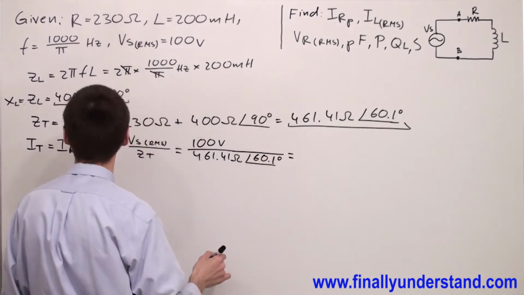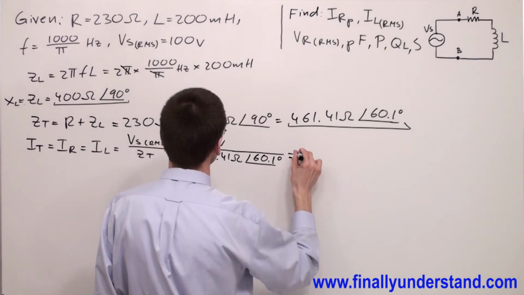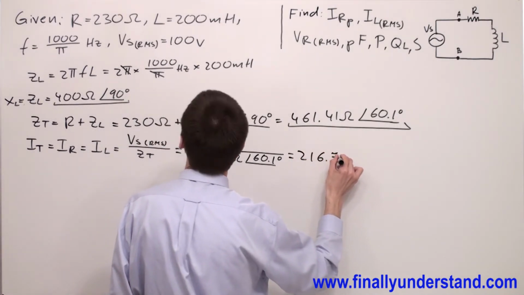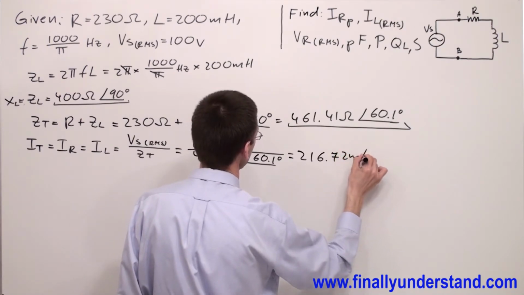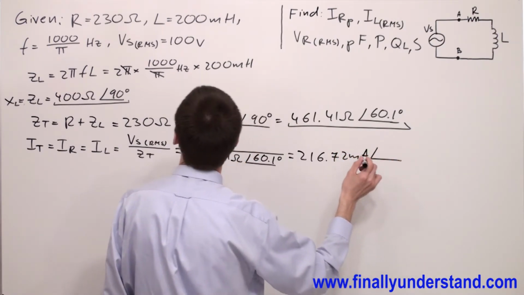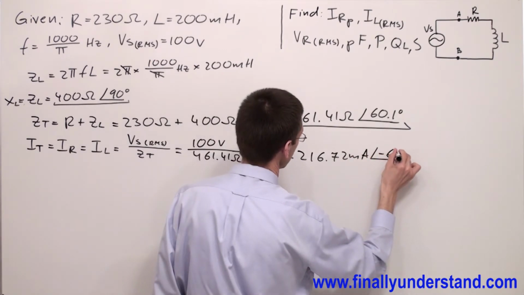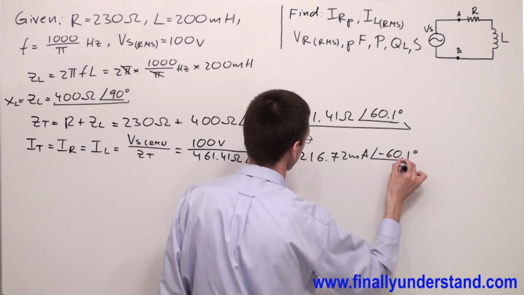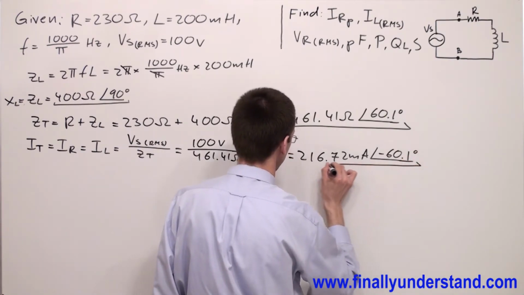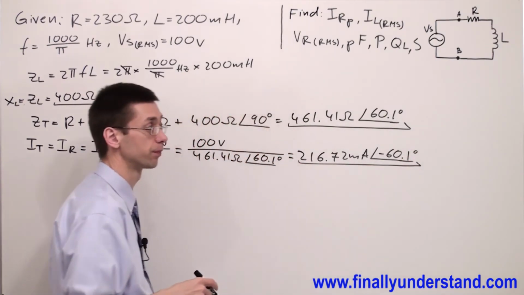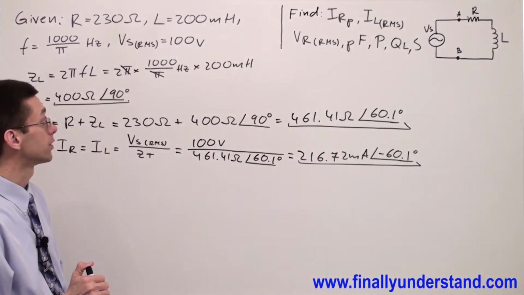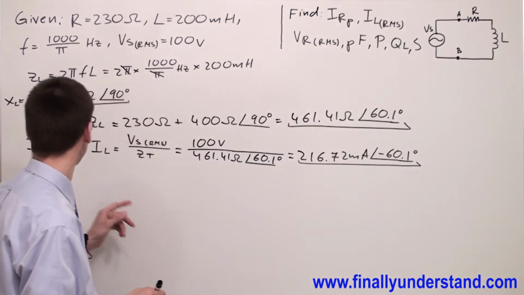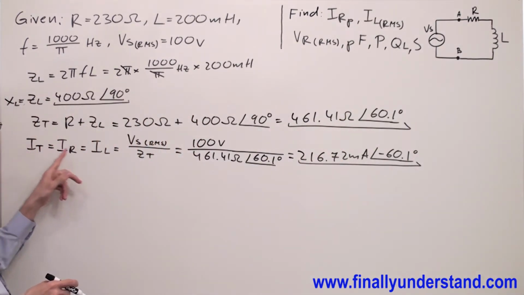This is equal 216.72 milliamps and angle of negative 60.1 degree. Of course, RMS. So I can say that I found IL RMS because I total is equal to IL.